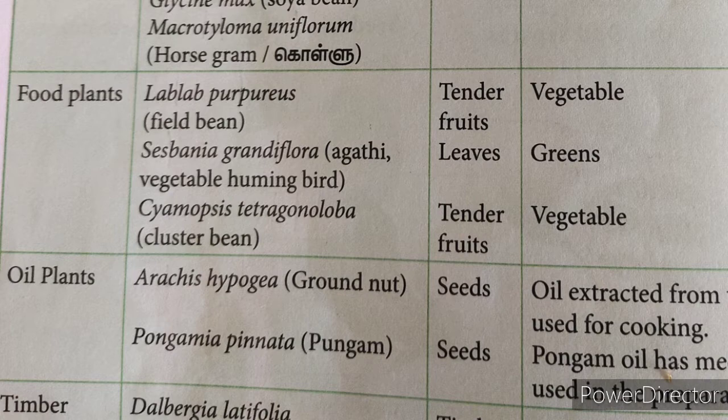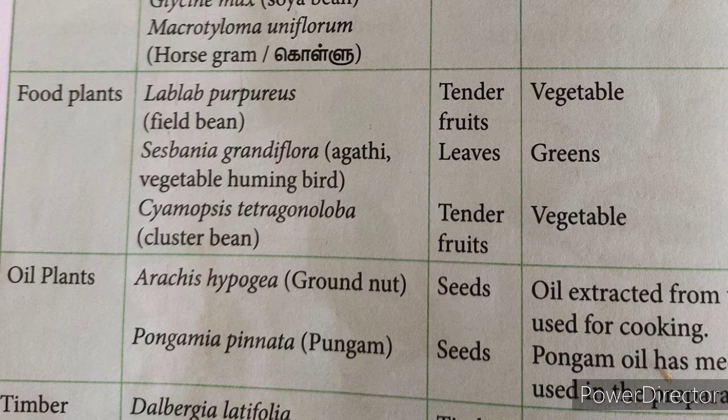Sesbania grandiflora, agathi keerai. Cyamopsis tetragonoloba, cluster beans, which we call kothavarangai. For Lablab and Cyamopsis, the tender fruits are used as vegetables. Sesbania grandiflora, here we use agathi, the greens. So all these are cooked and consumed as vegetables and greens.